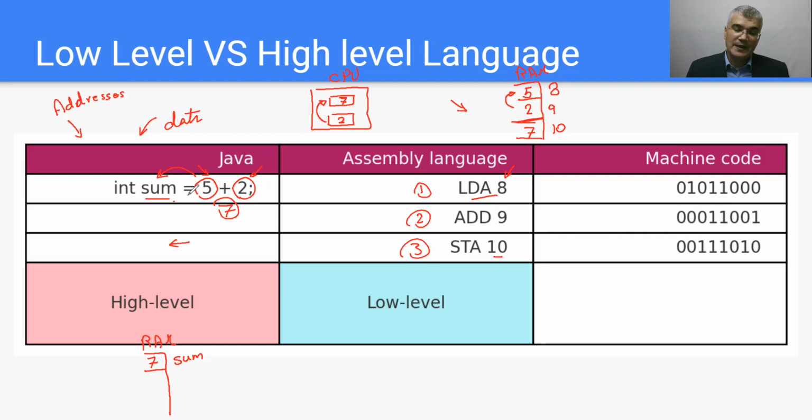But again, when they created high-level languages for us, they made our life easier. So that's why we should be happy learning a high-level language like Java, Python, Visual C Sharp, Visual Basic, and so on.